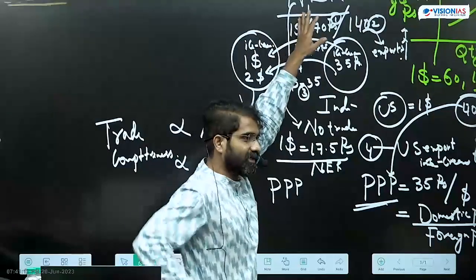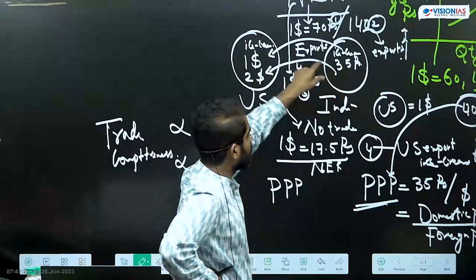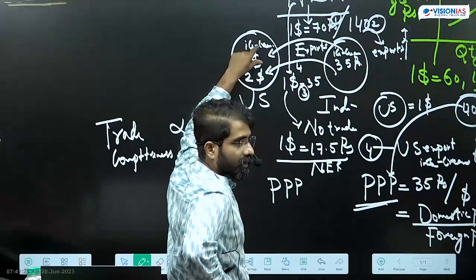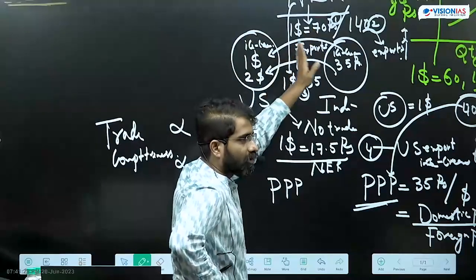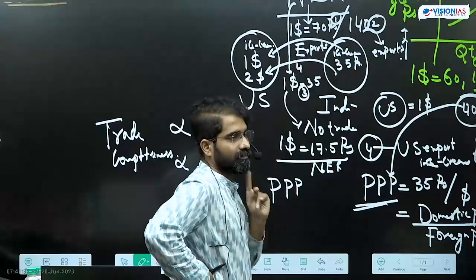$1 is 70. Ice cream is 35. In the earlier case, ice cream is $1. So with this $1, that is 70 rupees, US was able to get 2 ice creams.